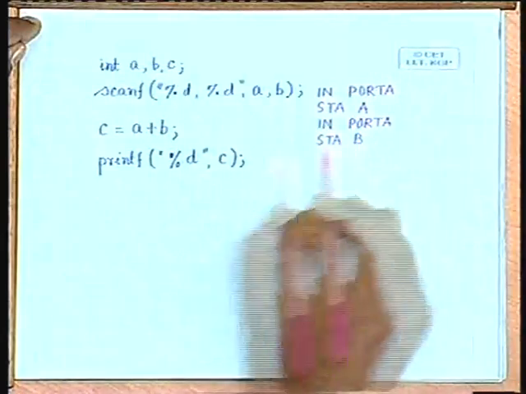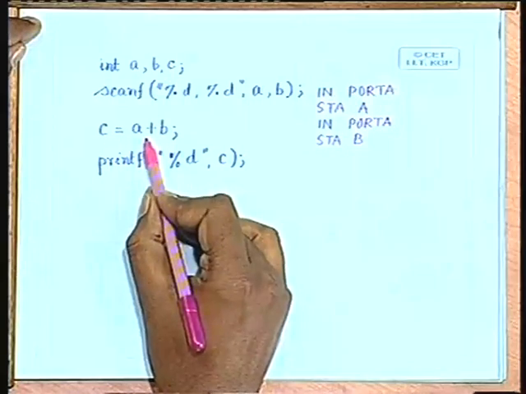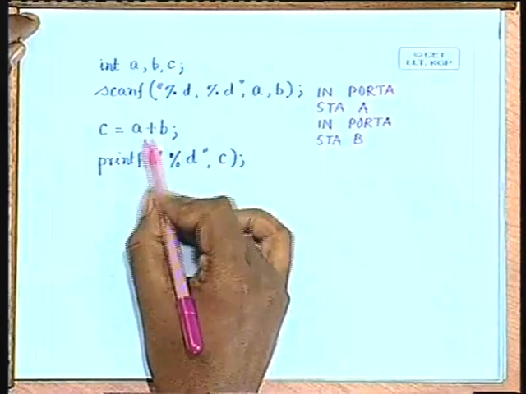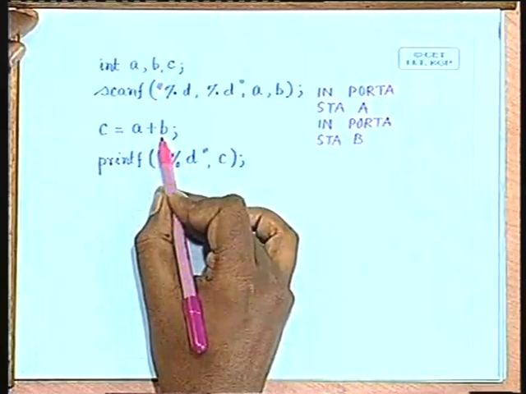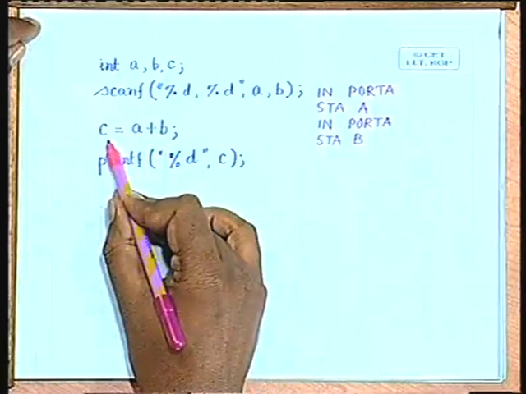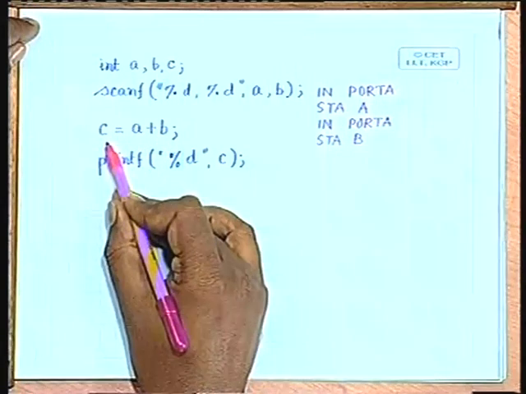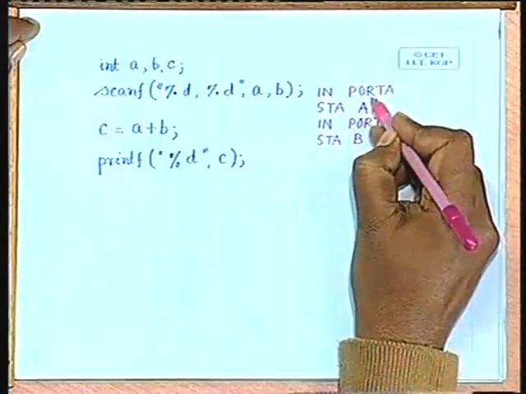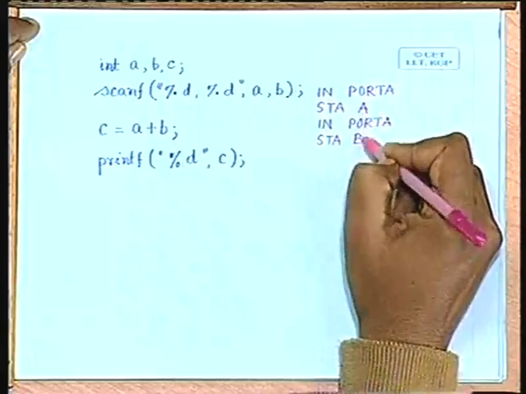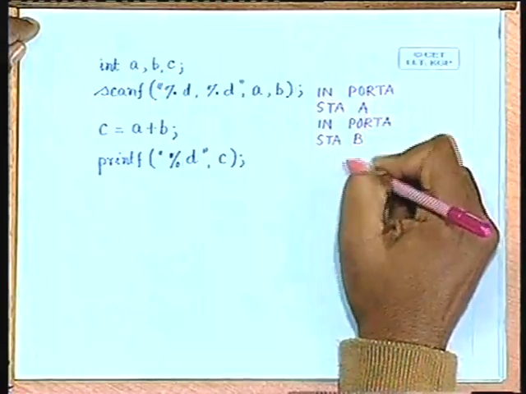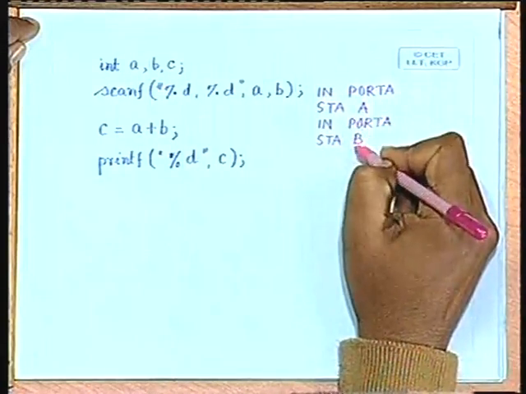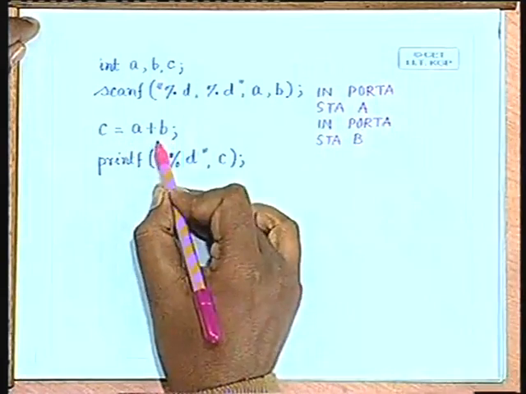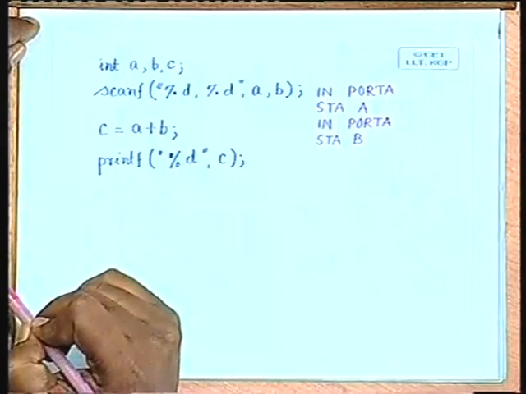Now, after performing this, what we have to do is perform the addition of the values of the variables A and B, and after completing this addition operation, the value has to be saved in the memory location which is assigned to variable C. So, for doing this, once the values of A and B are saved in the memory, we have to get these values from the memory, and only after reading these values from the memory can the addition of these two variables be performed.